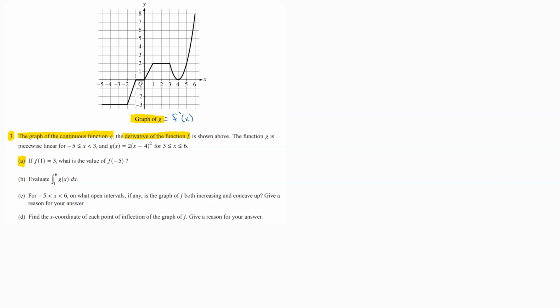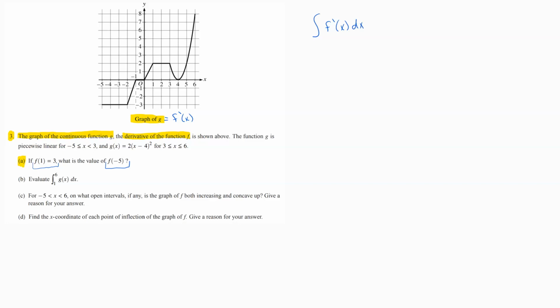Part A is telling us that f of 1 equals 3, and we need to find out what f of negative 5 equals. Well, again, remember that that's the graph of the derivative. When I have a derivative and I want to get back to the original function, I am going to take the antiderivative of that.